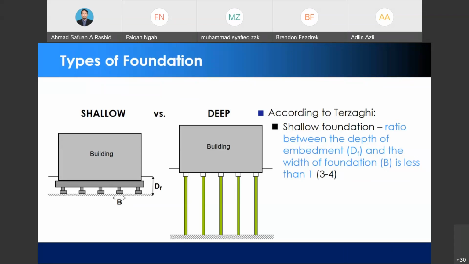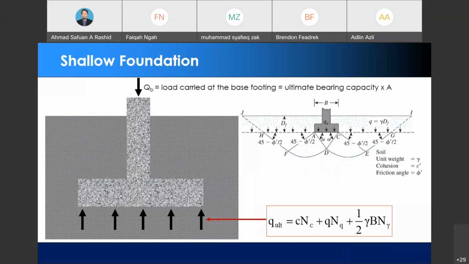Dan pastikan the settlement is less than 25 juga. Okay. So ini adalah the equation based on the shallow. Okay, saya tadi pun dah terang kan. So awak kena faham mana value awak kena gunakan. Okay, for example cNc, qNq, half gamma B times N gamma.